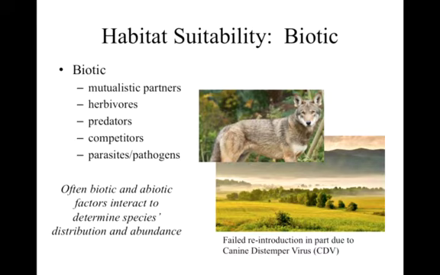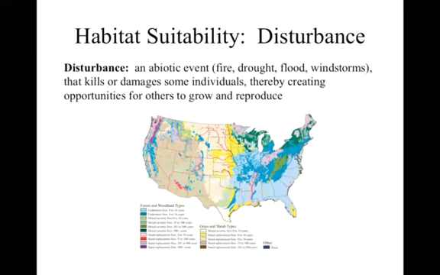Now, we've talked about abiotic factors and biotic factors as if they're two separate forces. Often, though, biotic and abiotic factors interact to determine a species' distribution and abundance. So it's not necessarily just parasites or pathogens or just competitors. It's a whole mix of things that work together to determine where things can live and how abundant they are in those locations.